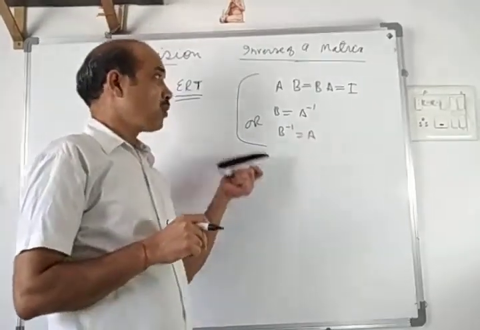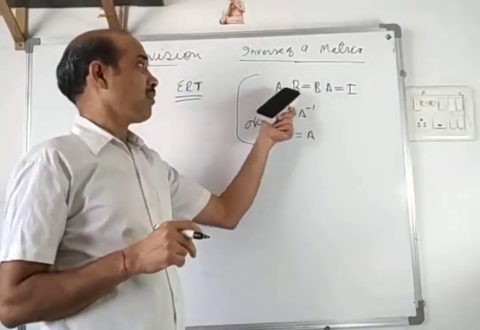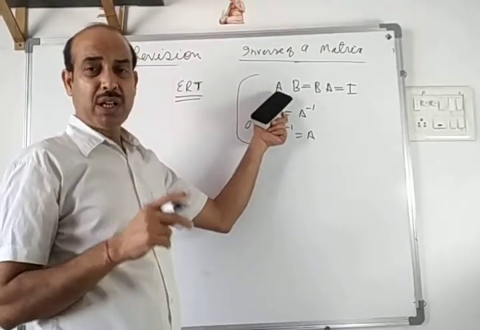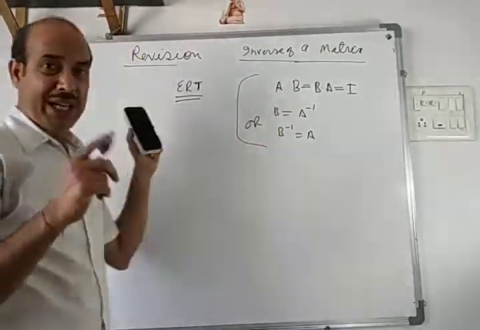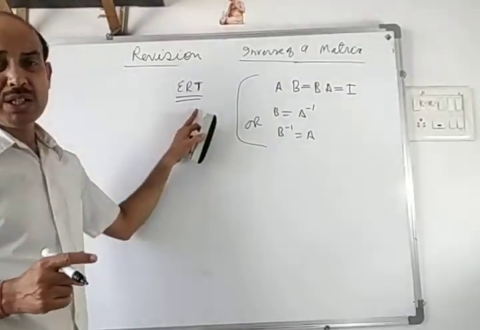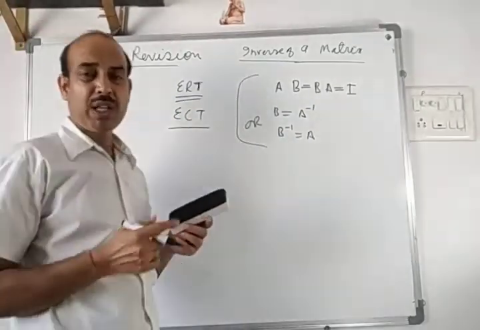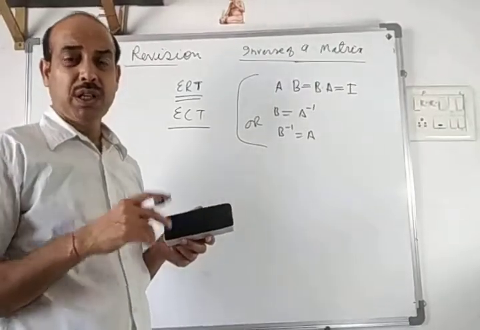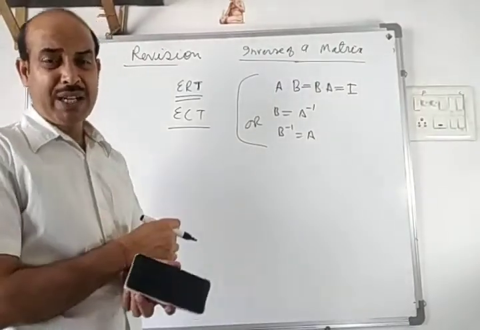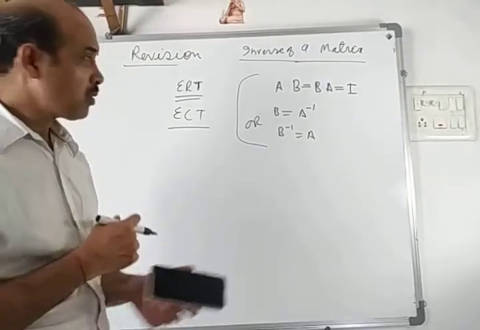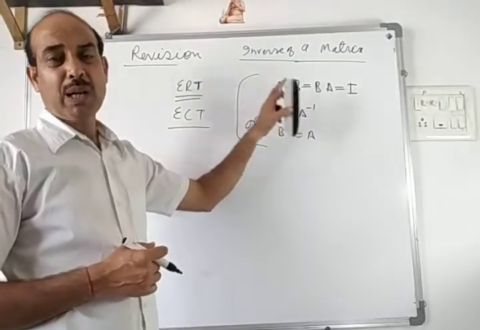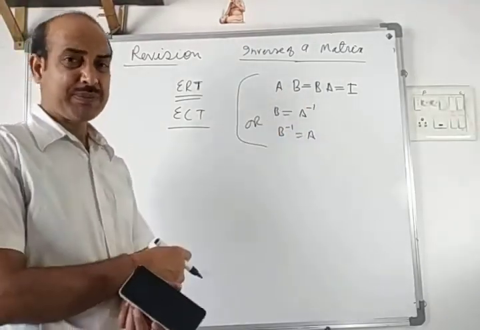Now, how to find out this matrix B for any matrix A? There are two methods. In matrix chapter, we have elementary row transformation or elementary column transformation, any one of the two. And in the next chapter, determinants, there is another method to find out inverse with the help of the adjoint of the matrix.